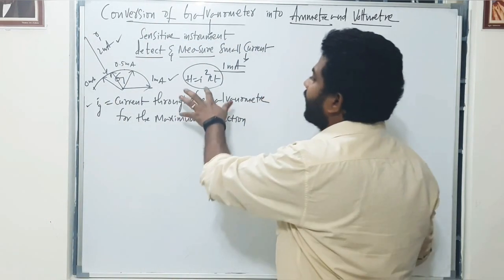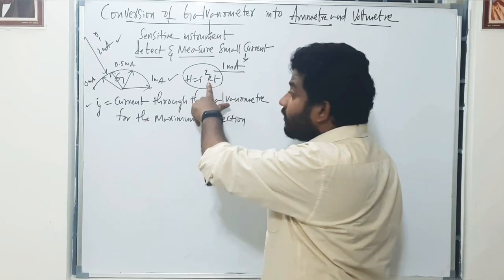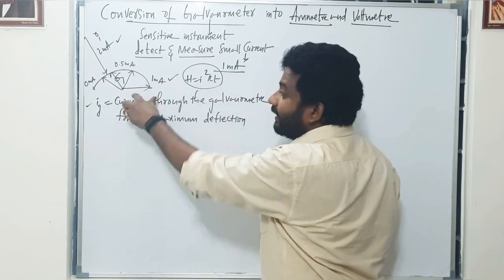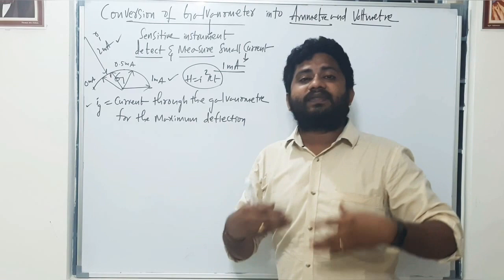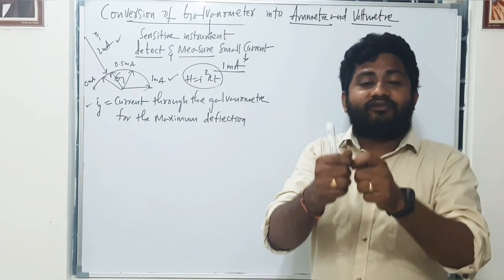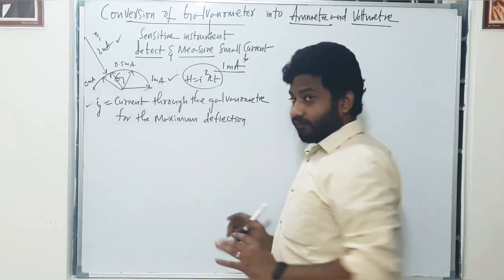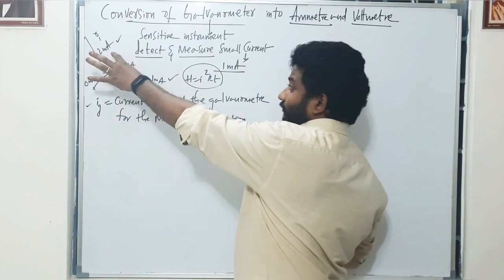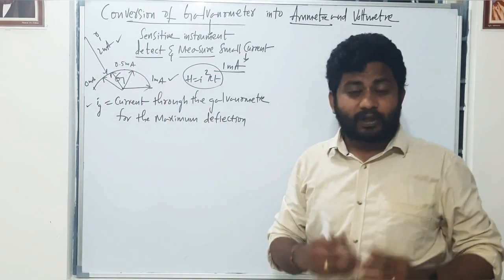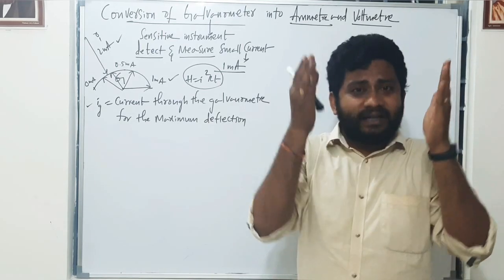When the current is more and resistance is constant, heating effect will be generated, and at a particular point the wire may burn. Understand, inside this galvanometer, when you send more current through it, the wire may burn.